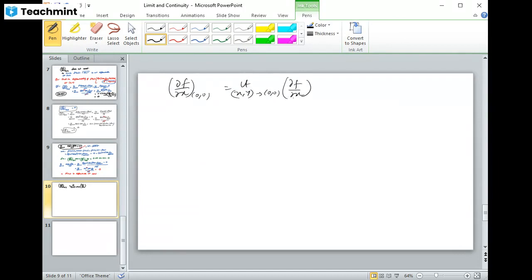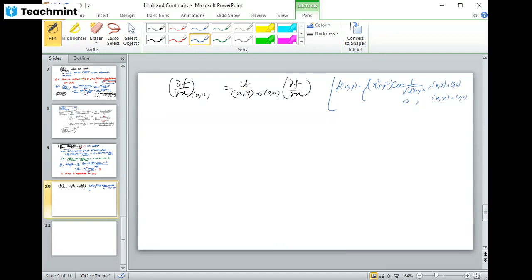Firstly, in this case, I am directly finding the value of the partial derivative ∂f/∂x, and then we apply the limit here. So what is your function? Let me rewrite it here. Our function f(x, y) is defined as (x² + y²) cos(1/√(x² + y²)) when (x, y) is not equal to (0, 0), and its value is 0 when (x, y) is equal to (0, 0).